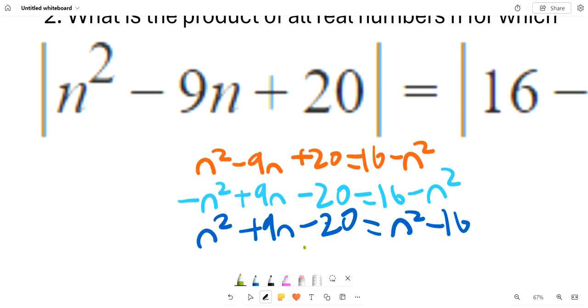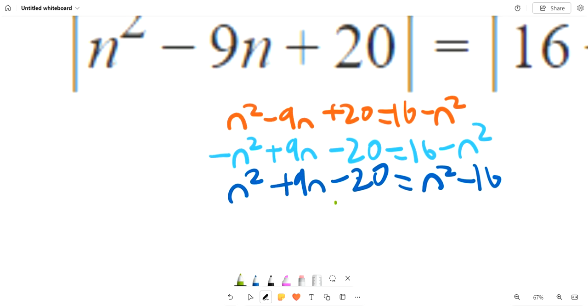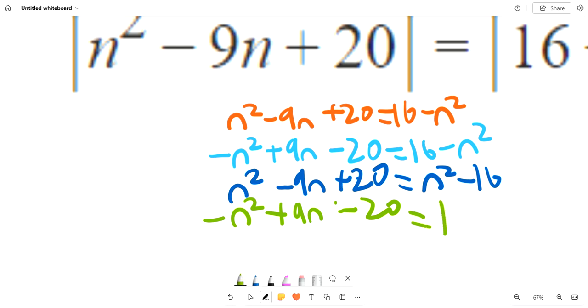And finally, if both of them are negative, then we have negative n squared plus 9n minus 20 equals n squared minus 16.